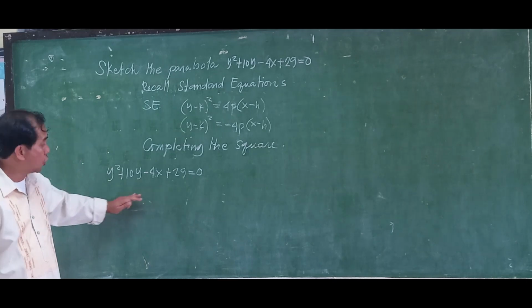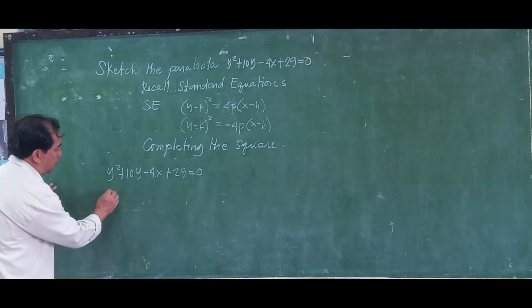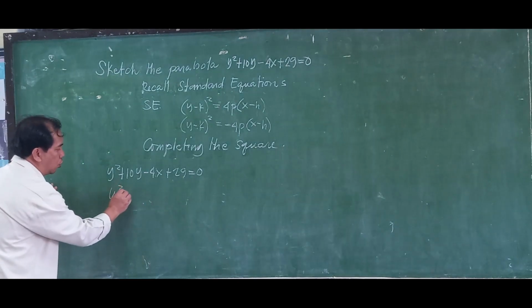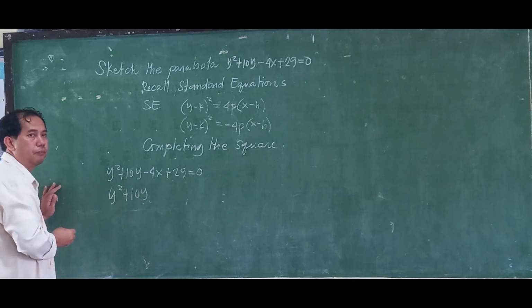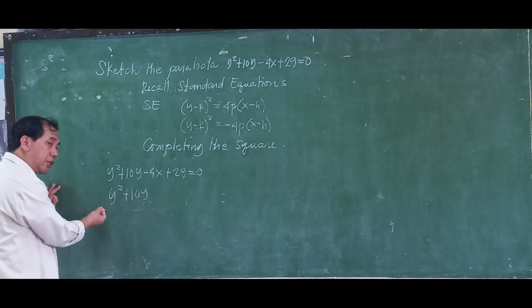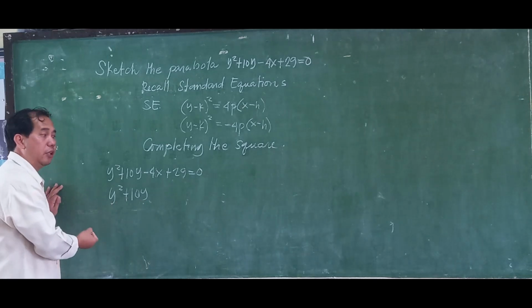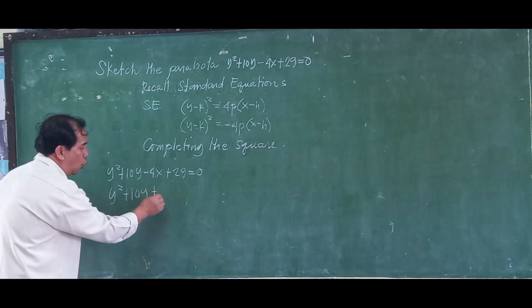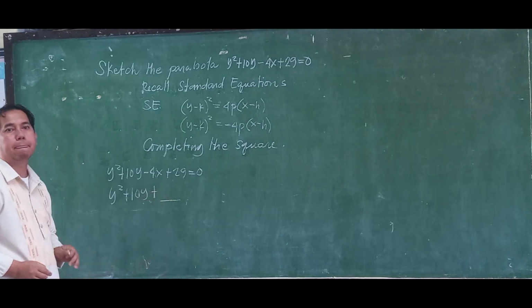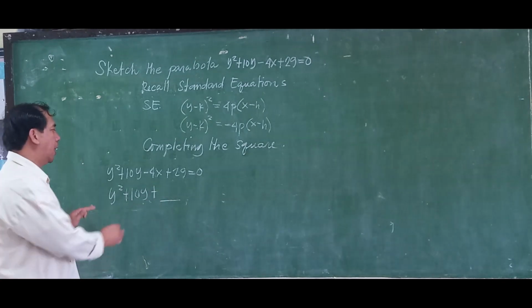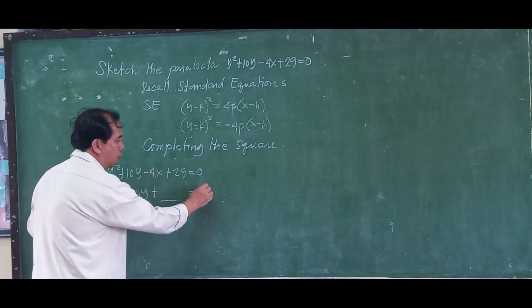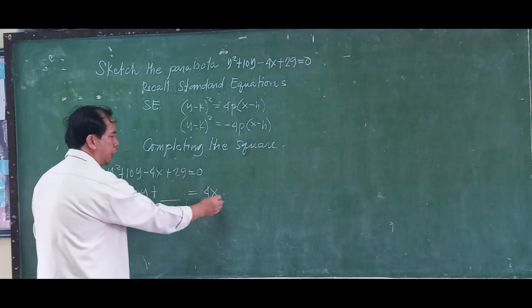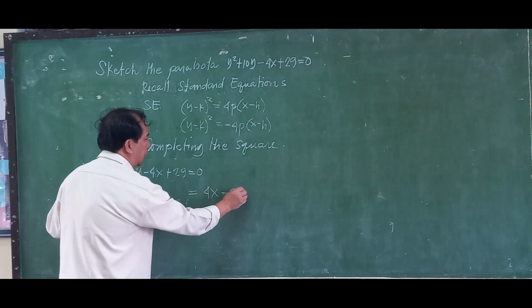Okay, you follow? So notice that we have now in here y raised to 2 plus 10y. Okay, I will complete this one to be a perfect trinomial square, and so that is added to what? My problem. Okay, what about the other side? Definitely, that is the same as 4x minus 29.